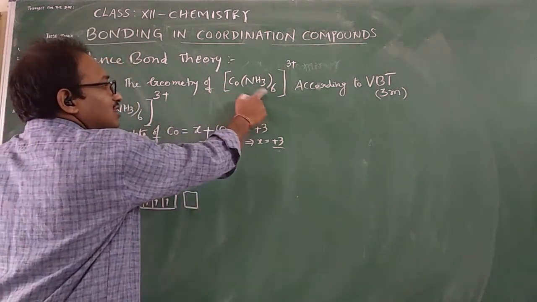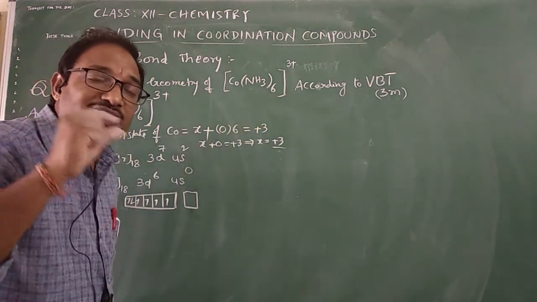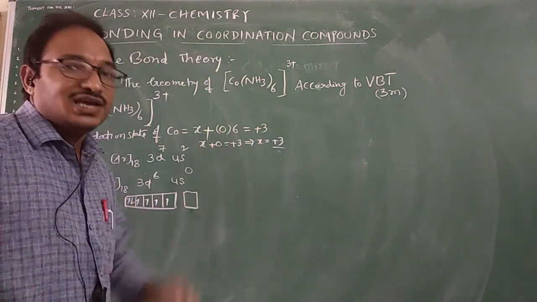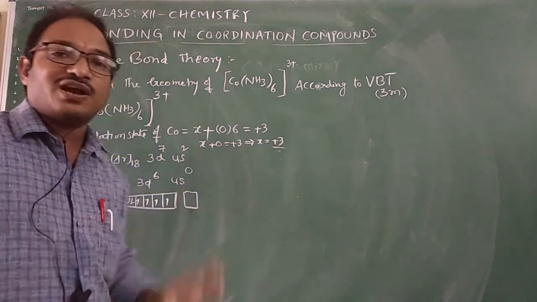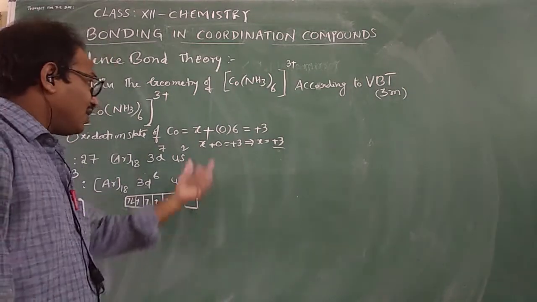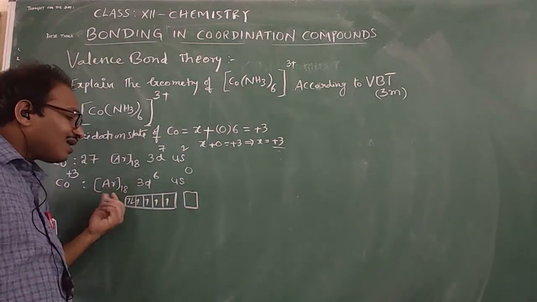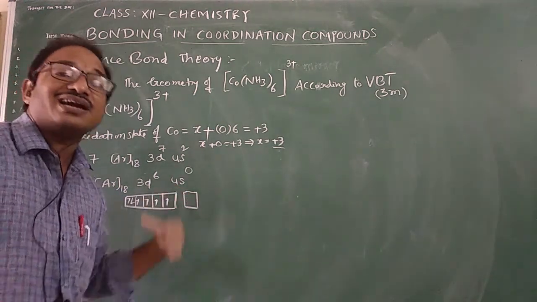So 6 ammonia ligands means 6 lone pairs of electrons can be donated, and the central metal atom must provide 6 vacant orbitals.